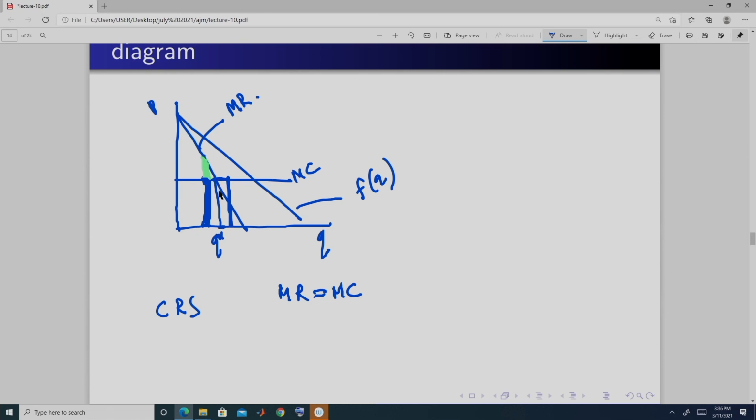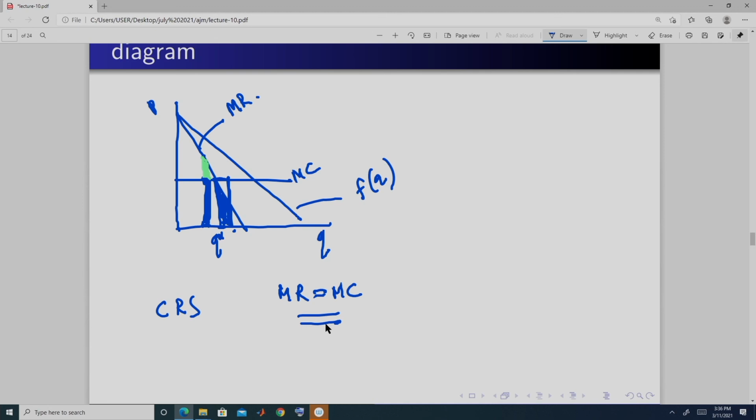So, this whole region is the total additional cost, but the revenue is this total area which is below the marginal revenue curve. So, this triangle is the loss that it is making if it increases output more than Q star. That is why it is not optimal or profit maximizing to produce more than Q star, because at Q star this condition is satisfied.